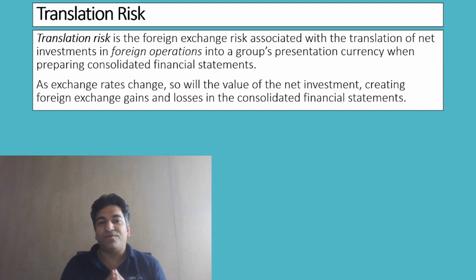Translation risk is the foreign exchange risk associated with the translation of net investment in these foreign operations into a group's presentation currency when preparing consolidated financial statements. As the exchange rate goes up or down, the value of the net investments will also change. It will create foreign exchange gains or losses in the consolidated financial statements.